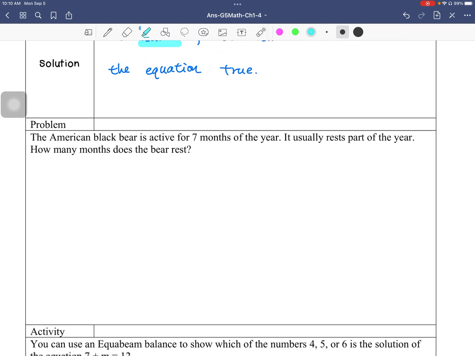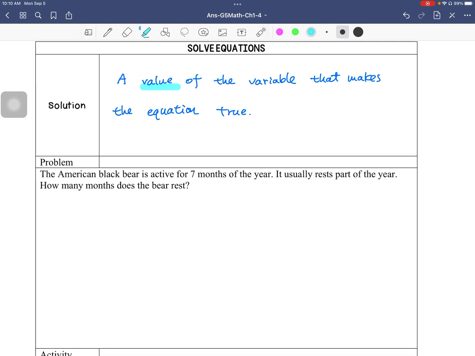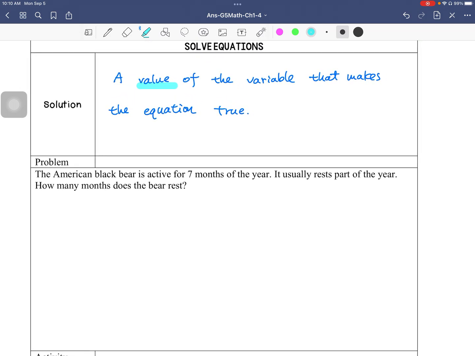So now number one: the American black bear is active for 7 months of the year and it usually rests part of the year. So how many months does the bear rest? We know there are 12 months in a year. So let x be the number of months the bear rests.